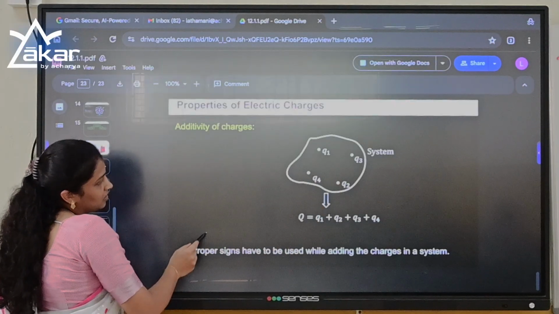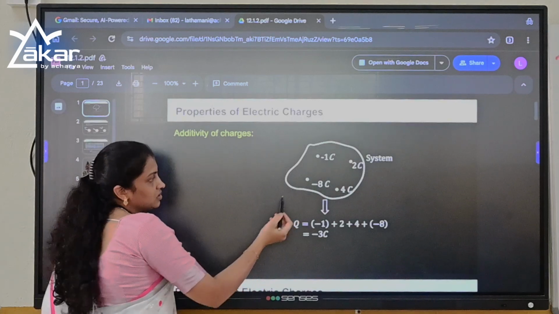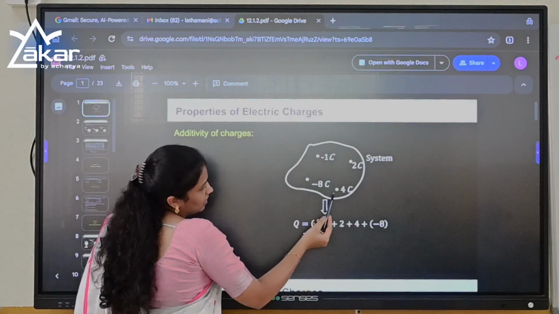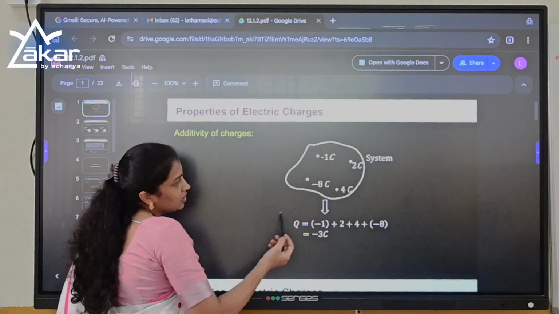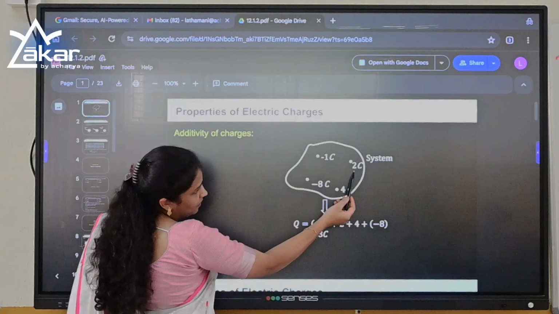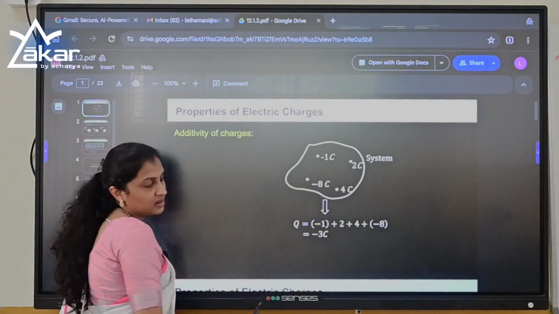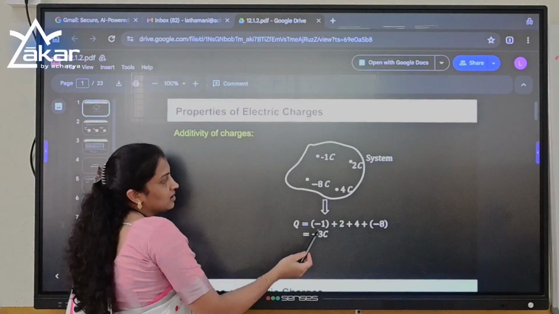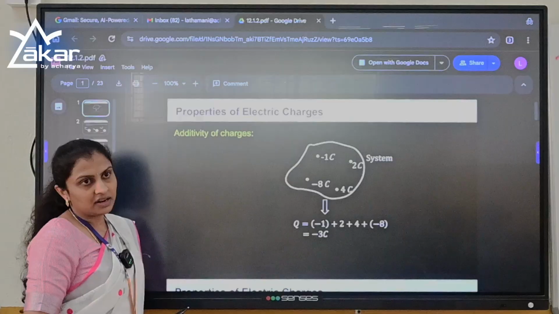Q1 I have taken as minus 1, Q2 plus 2, Q3 plus 4, Q4 minus 8. If you add, you will get minus 3 C. So this is the first property of charges.